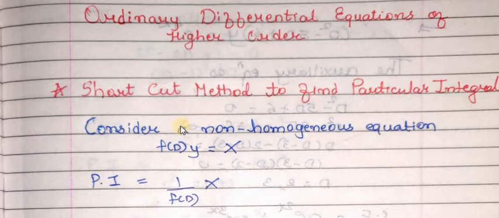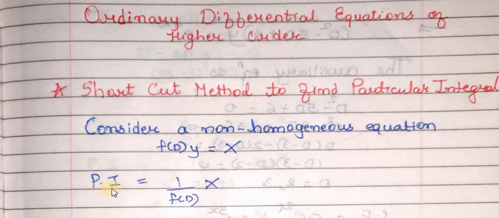We will discuss the solution of the differential equation of the form f(D)y = X, called higher order non-homogeneous linear differential equation, and its solution is given by y = CF + PI, where CF is called complementary function and PI is called particular integral.